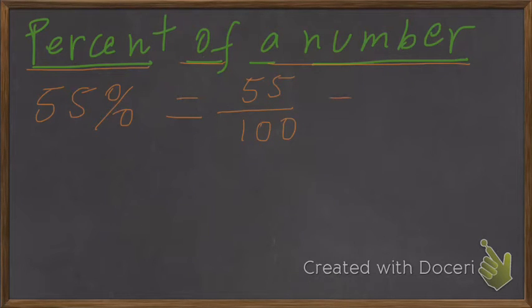It can also be expressed as a decimal. What this line means is that you are dividing 55 by 100, and it will give you 0.55. So these three expressions are the same thing. They have the same value. So 55% can be represented as a fraction, 55 over 100, or as a decimal.